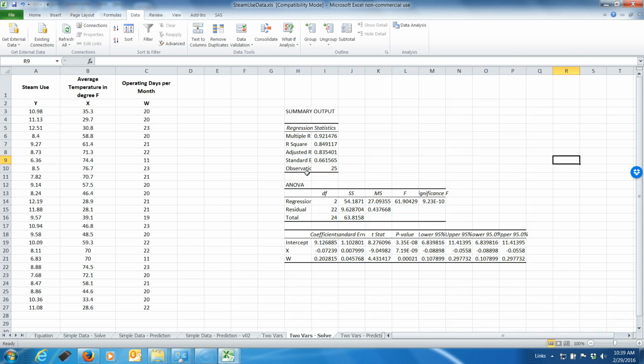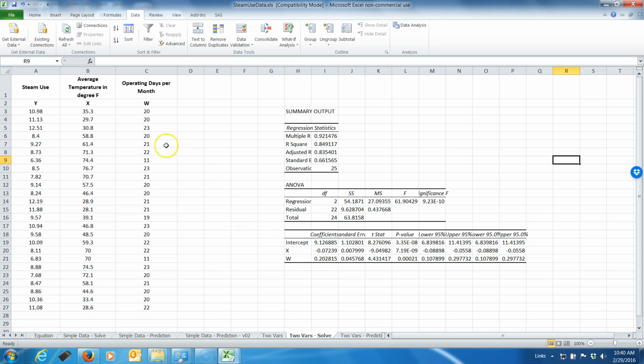So now what do we have here? Well, you can see that our predictive model is that the amount of steam that is going to be used in a month is going to be equal to 0.202 times W. So basically every day that the factory is open, you're going to use 0.2 more pounds of steam.